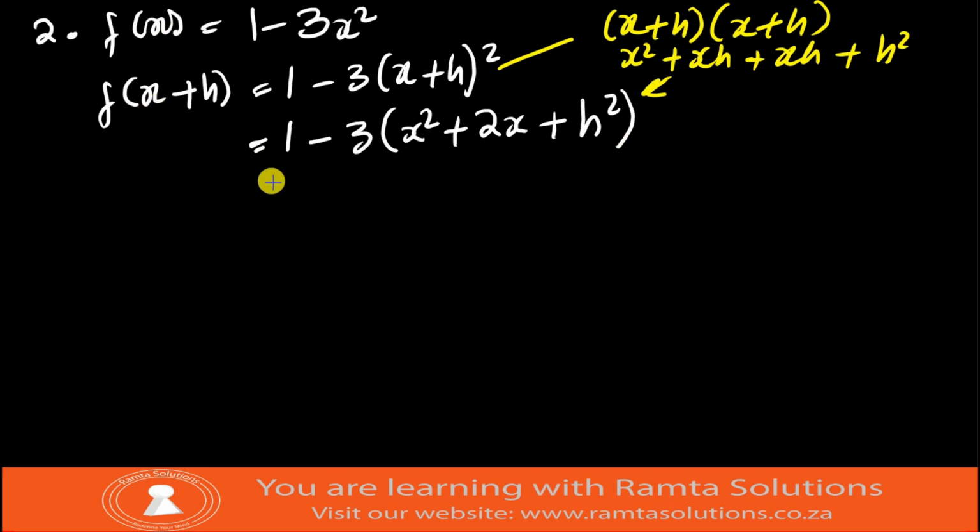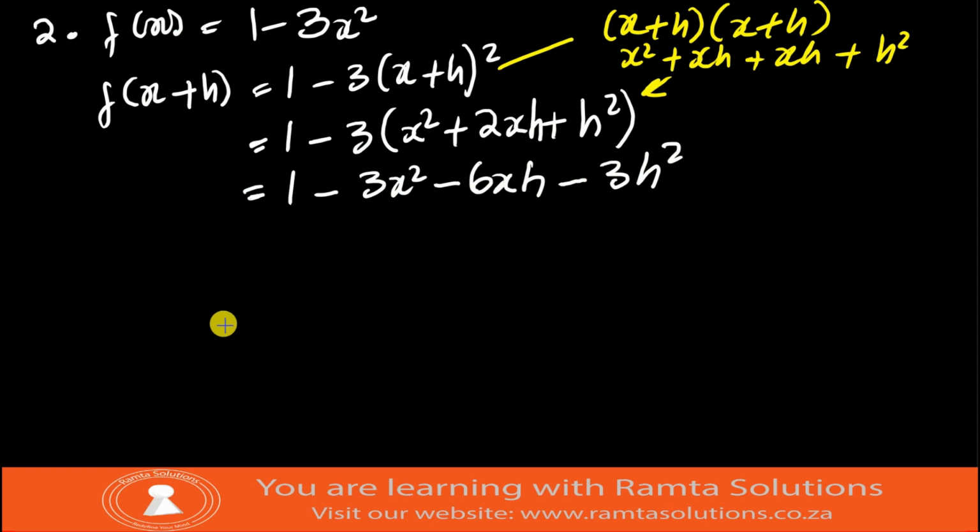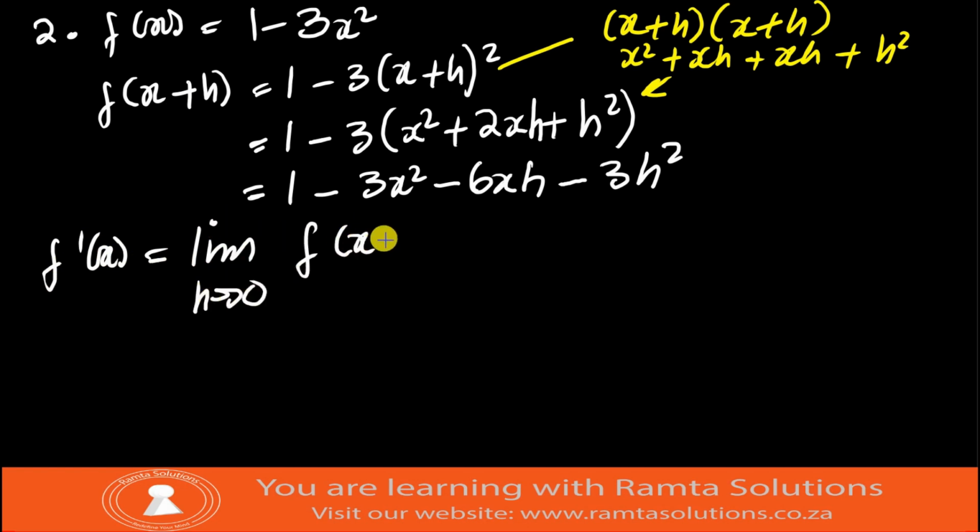Now, we then say 1 minus 3x squared minus 6xh, I forgot the h, minus 3h squared. So we have our f of x, we have our f of x plus h. Now, we say f prime x equals the limit as h tends to 0 of f of x plus h minus f of x over h.